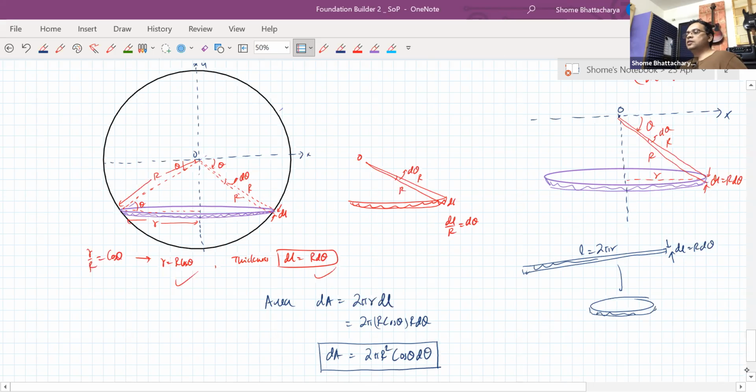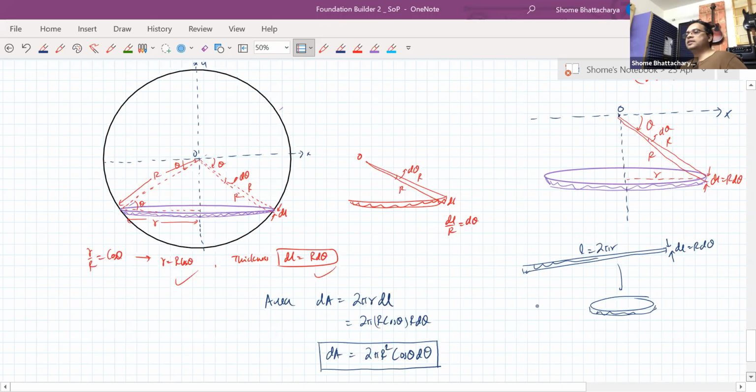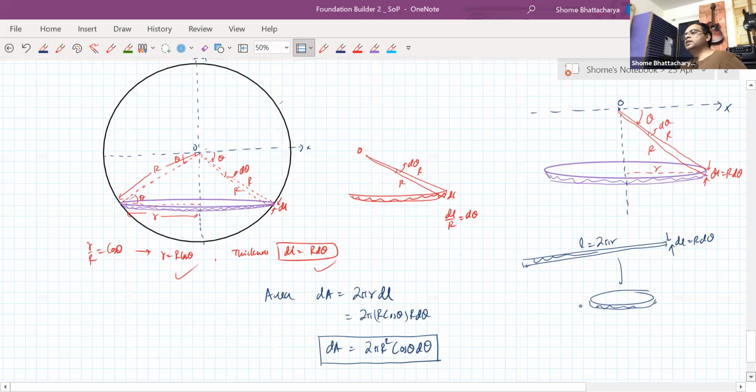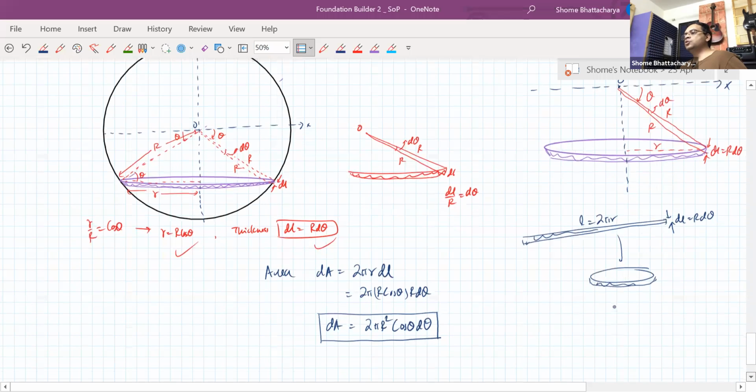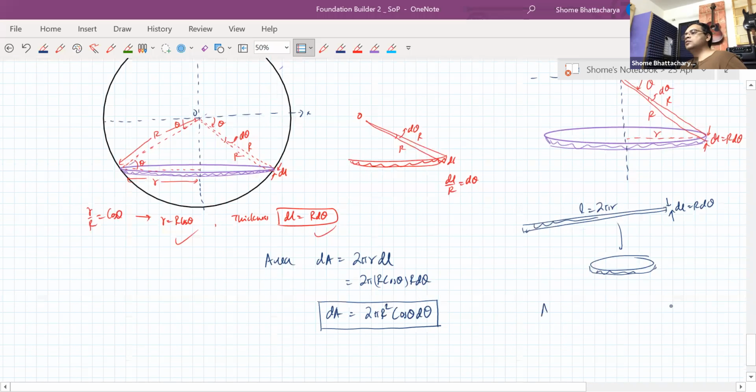Now, apart from center of mass, if I want to calculate the area, it will be the integration of dA. If I'm doing this for a hemisphere, then I should integrate 2 pi r square cos theta d theta from theta equal to 0 to theta equal to pi by 2. In this diagram, theta equal to 0 is the largest ring of radius capital R, and theta equal to 90 will be the smallest ring right below over here, which will have an area tending to 0.